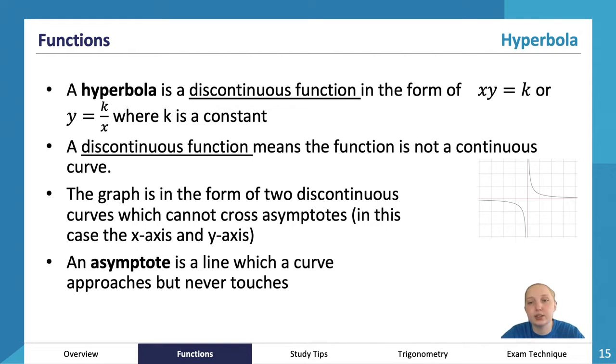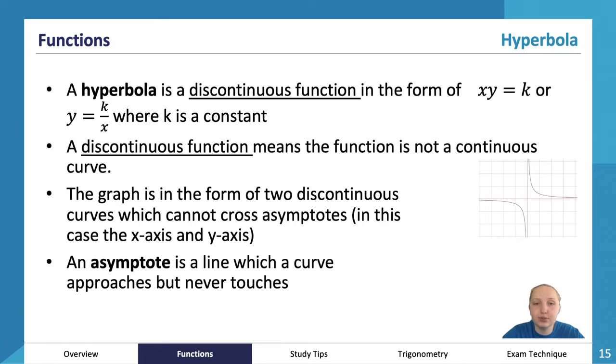With hyperbola it's talking about x, but discontinuous can also mean y, where the graph doesn't exist. So there are going to be some values for x where our graph cannot and will not exist. Now, these equations may look a little familiar, xy equals k or y equals k on x, if you remember doing inverse variation. These do look like the equations for inverse variation as well.